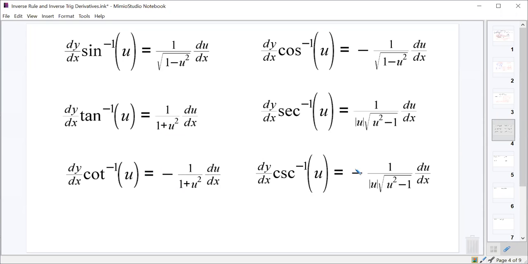And the same for secant and cosecant. So really, if you can memorize sine, tangent, and secant, for the co-functions of each of those, just throw a negative in front of them. Should be a little bit easier to memorize. Good or no?